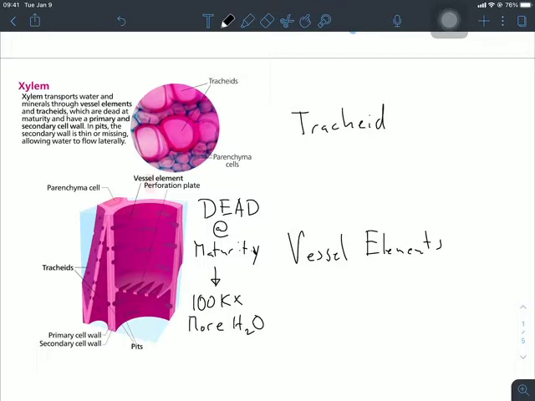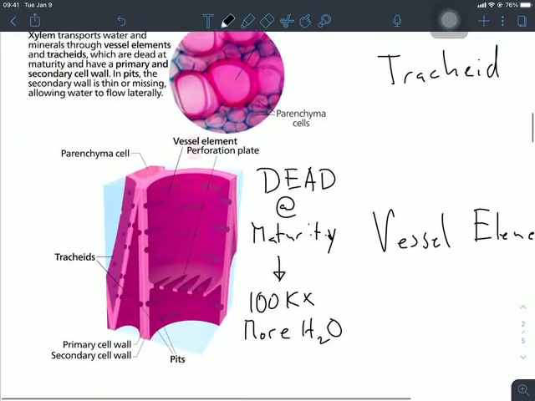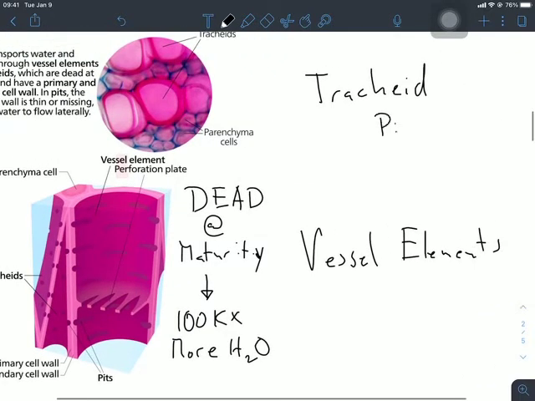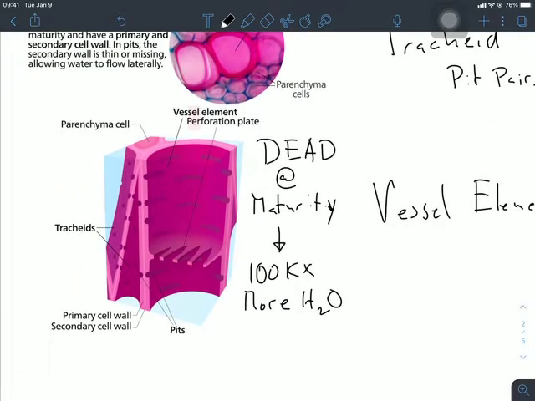Now, there are two major features that are found in our vessel elements and one in our tracheids. Our tracheids are defined by the presence of pit pairs, which you'll see in this much better drawing between our two different tracheid cells. So here, these on the left are our tracheids, and you see that they have little pit pairs, allowing for water to flow in between cells.